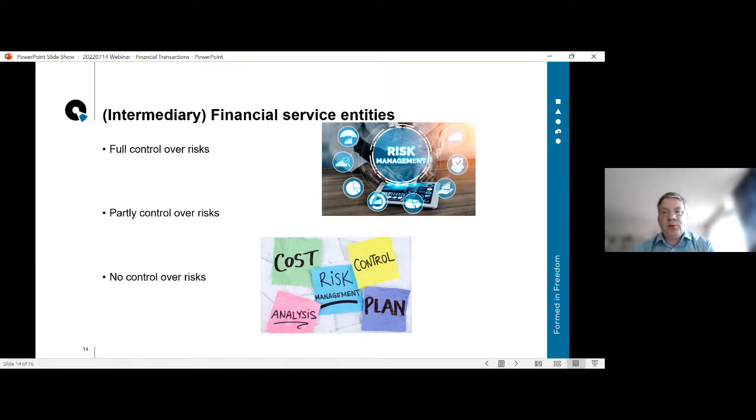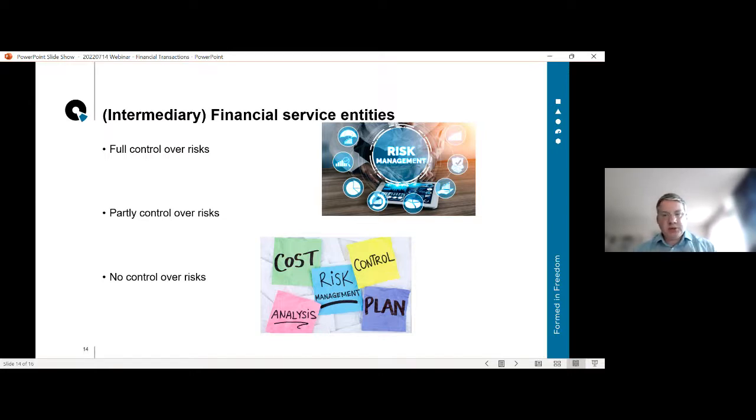And also, what is the percentage of activities that consist of on-lending amounts? Because a financial service entity is described in the decree as an entity that predominantly carries out intermediary financing activities, and predominantly, for Dutch tax purposes, means at least 70%.